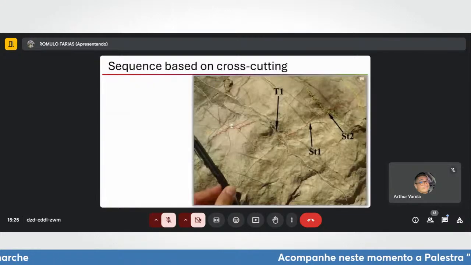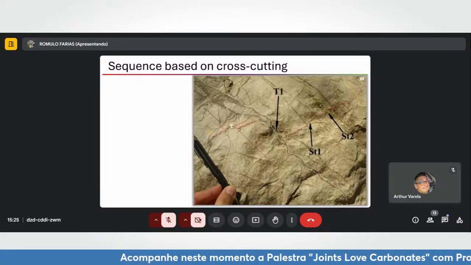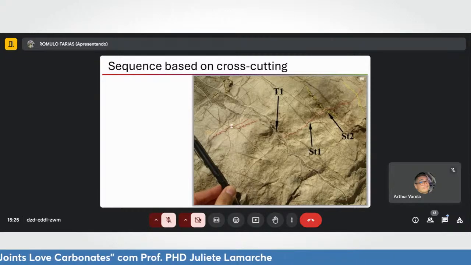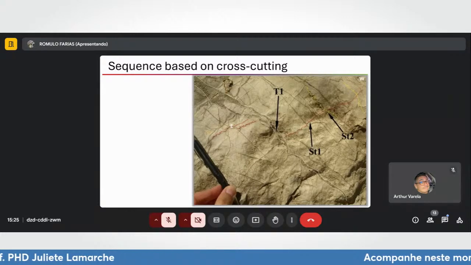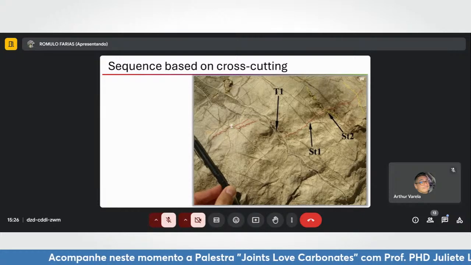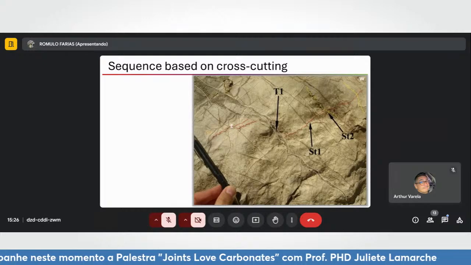So what do we do with all that stuff? I won't explain everything, but this is only one example to create a sequence where here we have burial stylolites. Here we have a vein, which looks to either cut the stylolite or the stylolite stops and restarts here.